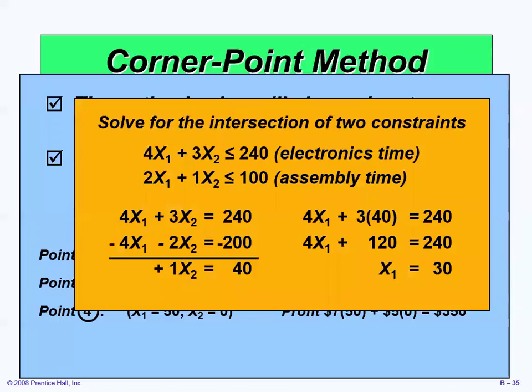Yeah, because what we're doing is, see, we want to cancel out one of the variables. The first equation is 4x1 plus 3x2 equals 240. To be able to cancel this out, I can multiply the other one by 2, so I get 4x1 plus 2x2 equals 100. And then I just subtract the first equation minus the second equation.